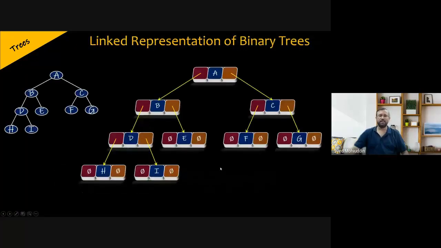Whereas in linked representation, nodes are dynamically created. So there is no need to allocate memory and then use that memory. The nodes are dynamically created depending upon their hierarchy or their structure in the actual tree. So this is all about tree representation.